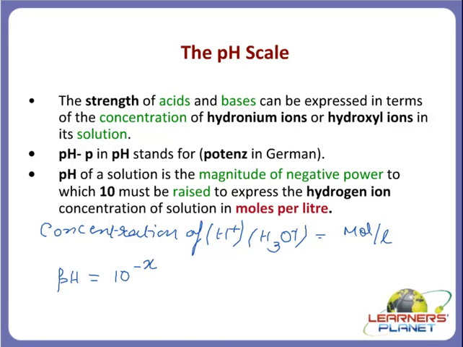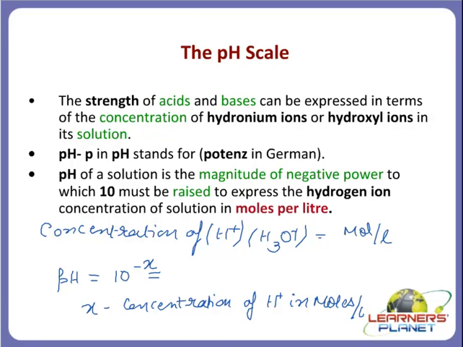Right? So this X is the concentration of H plus ions in moles per liter.